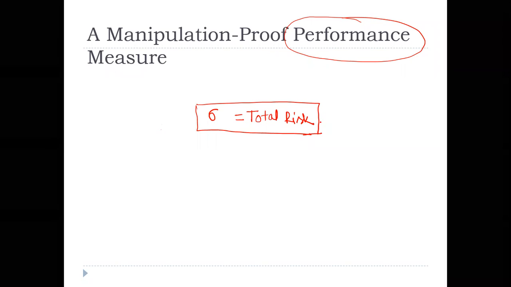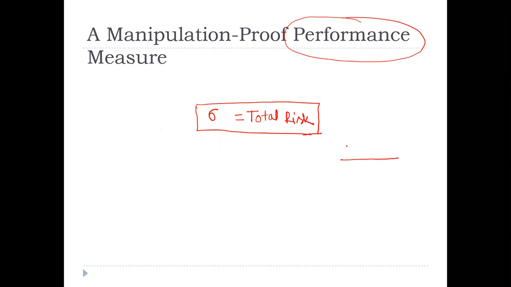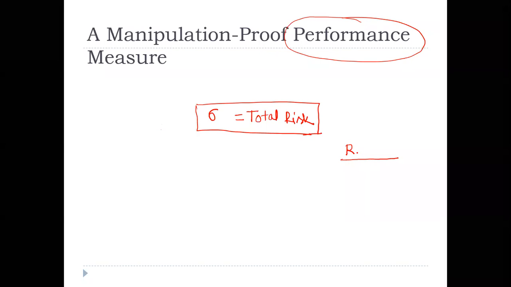So can anyone tell me how I can write the Sharpe ratio? The portfolio return minus the risk-free rate of return divided by sigma. Sigma of what? Sigma of the portfolio.